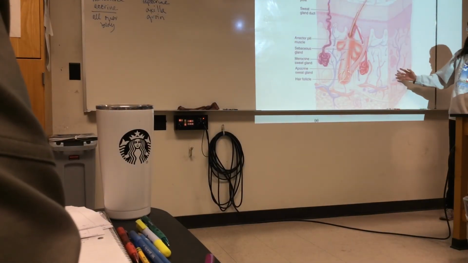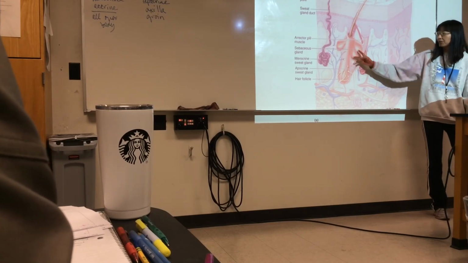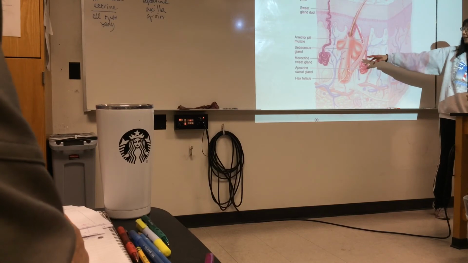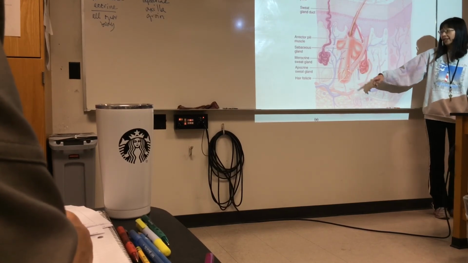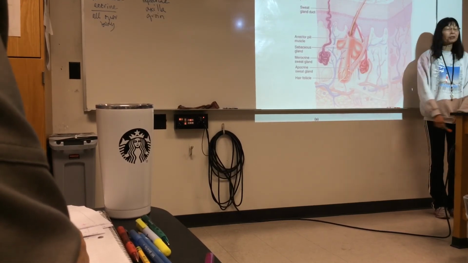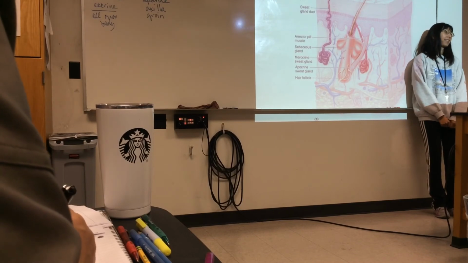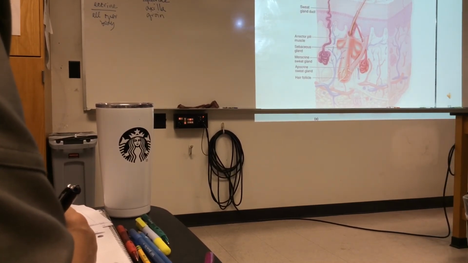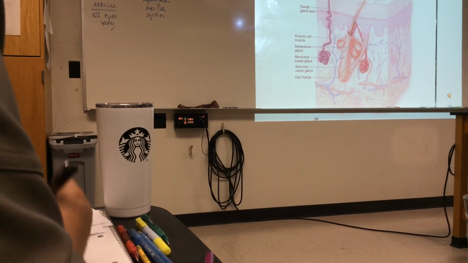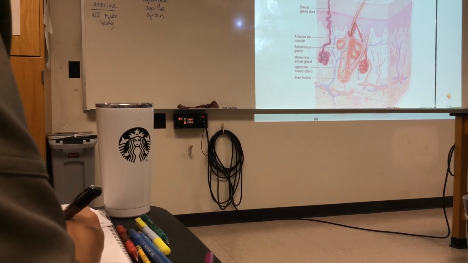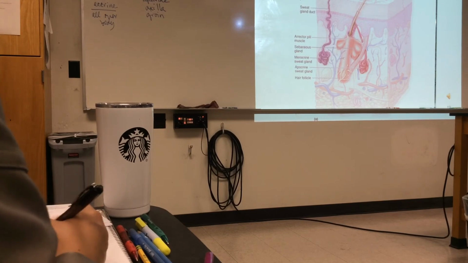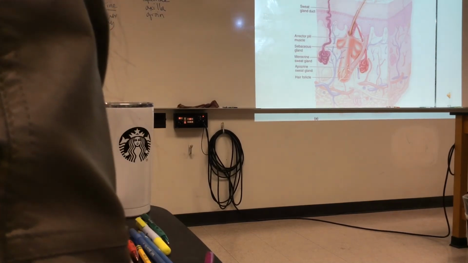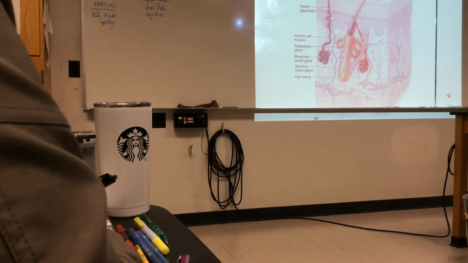So here's a picture of the different kinds of sweat glands. Okay? By the way, what's the difference between merocrine and apocrine in this picture? One's lower than the other? Okay, look again. It goes into a duct that goes where? To the hair follicle.